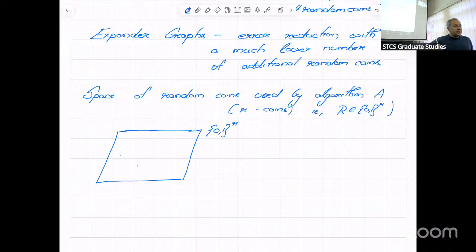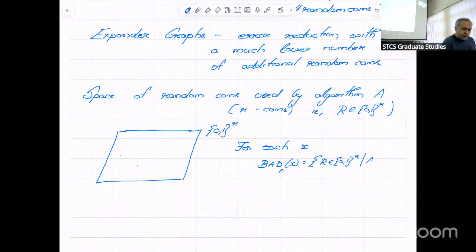For each particular x, not necessarily in the language, let bad(x) with respect to the algorithm A be the set of all those random coins r in {0,1}^R such that A(x,r) is erroneous.